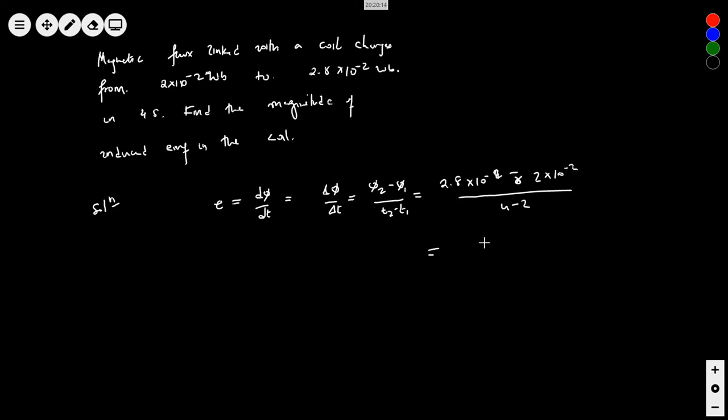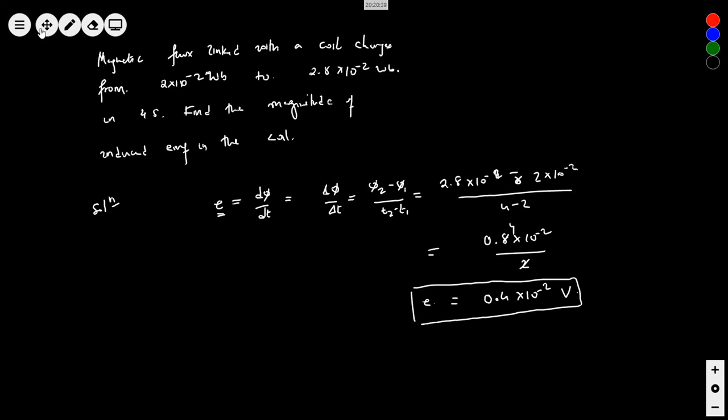So that gives me 0.8 into 10 to the power minus 2 by 2. So 0.4 into 10 to the power minus 2. What is the unit of E? It's an EMF, electromotive force. Not a force, but an induced voltage. Unit is volt. Okay?